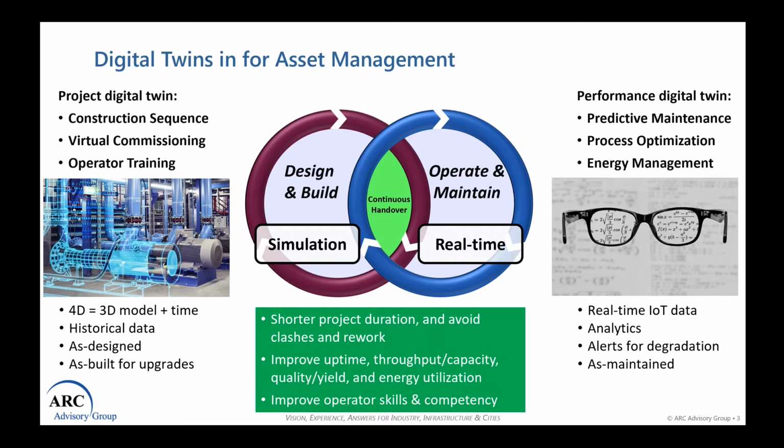On the operate and maintain side of the world, most of them, as I said, are predictive maintenance, which means improving uptime, or really avoiding unplanned downtime, which improves throughput, capacity, revenue, quality and energy utilization. And there is another type of digital twin around operator training. So that again is a 3D model, and operators can use that to learn how to do their jobs.